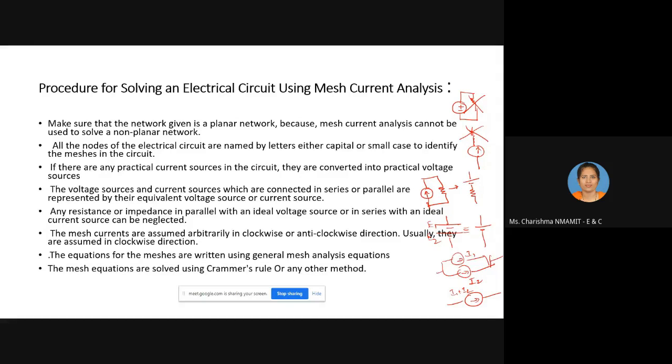These mesh equations need to be solved by making use of Cramer's rule or any other method. You can go for back substitution, or you can directly solve the simultaneous linear equations to find the unknowns. For the first problem, I will do Cramer's rule also.